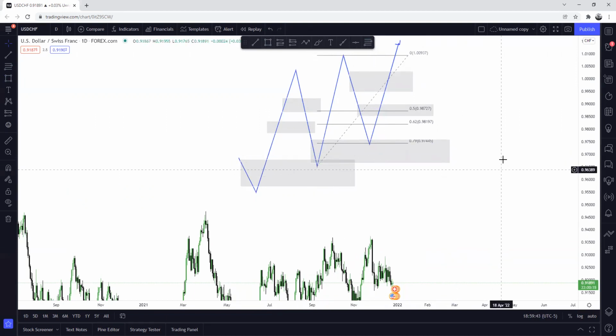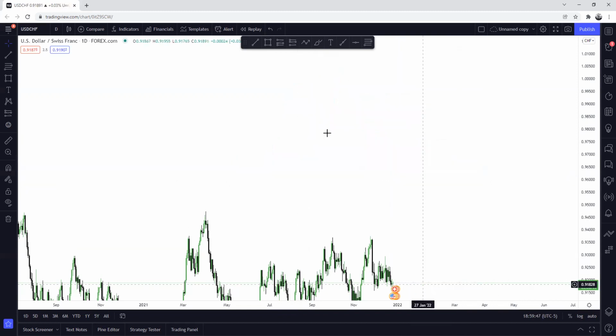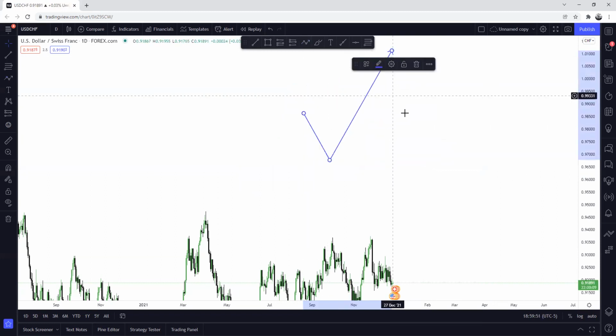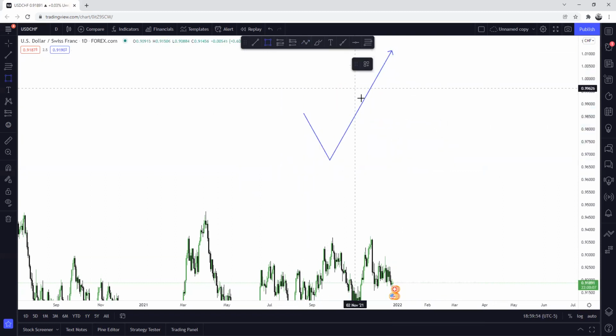The best analogy for it would be, let's just look at one price leg, for example. If you have a POI in the middle of this price range, that means that it is at around 0.99060, let's just say that, for example.